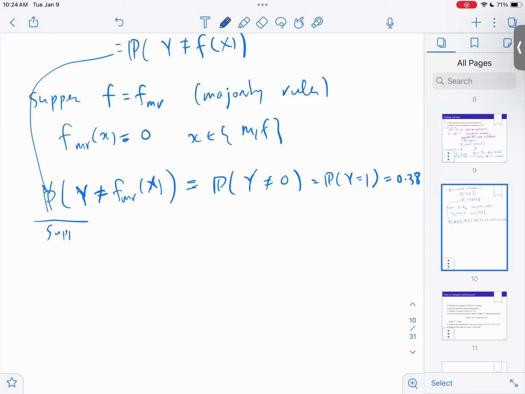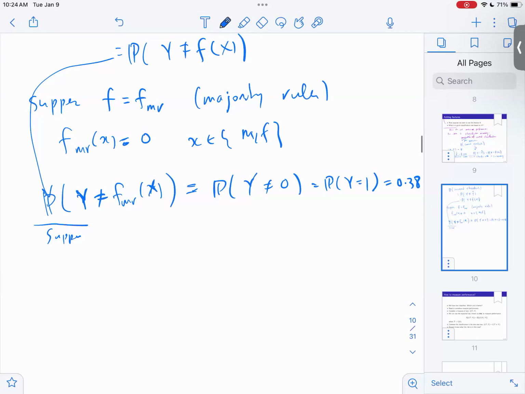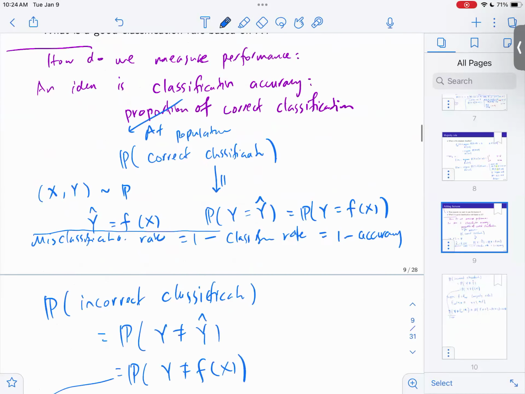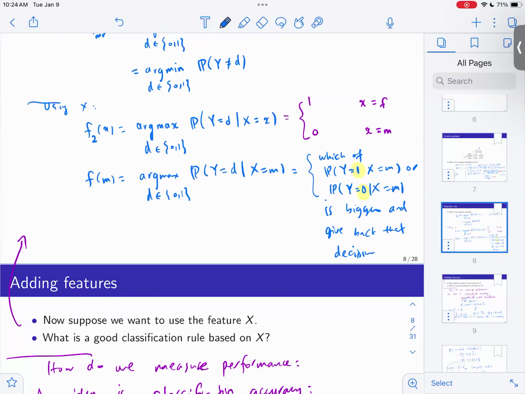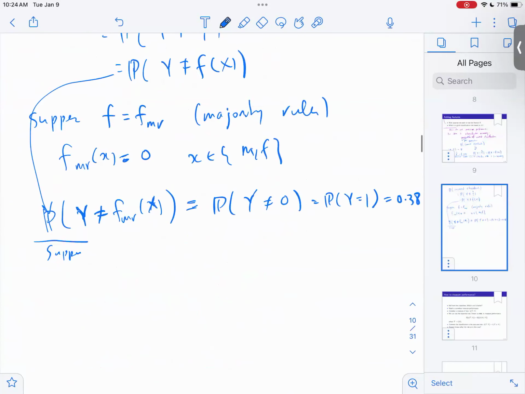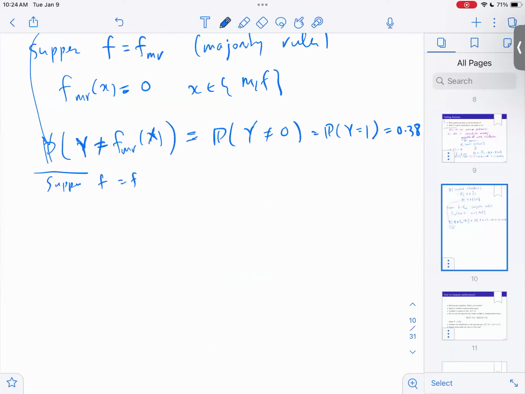So suppose now, let's call this F2, that better classifier. Suppose that f is equal to F2. F2, if you recall, is: if x is equal to M, then not survived, the other way around, survives for female.